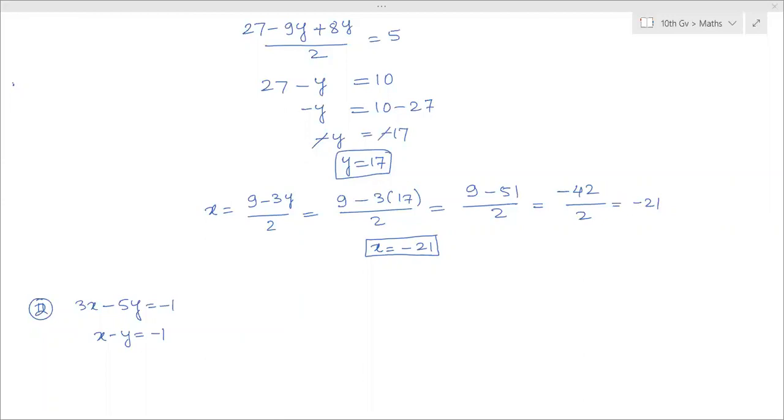Ma'am, x and y are -2 and -1? Yes, right. So x is -2 and y is -1, right? Yes, -2 and -1. Everyone got the answer? Ma'am, x is -2 and y is -1.